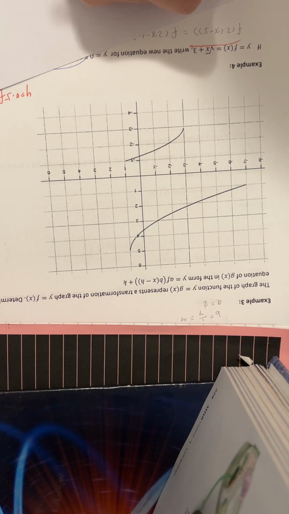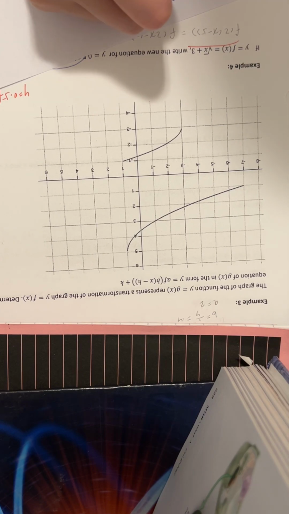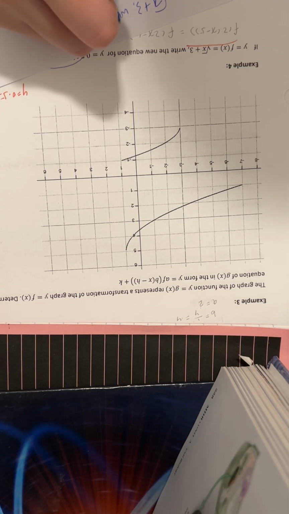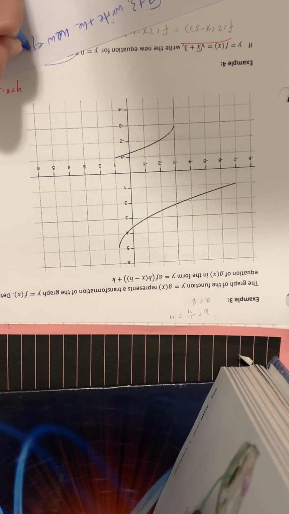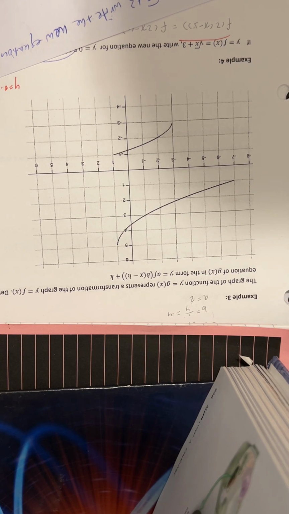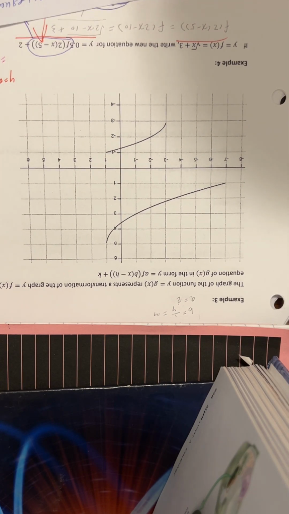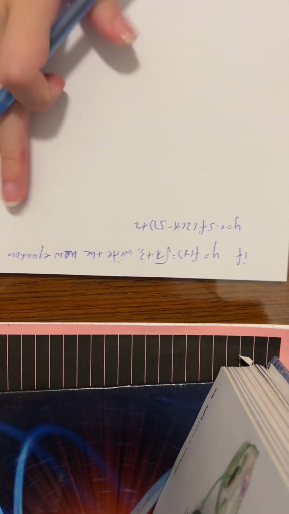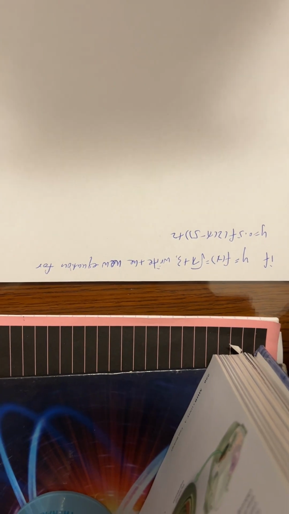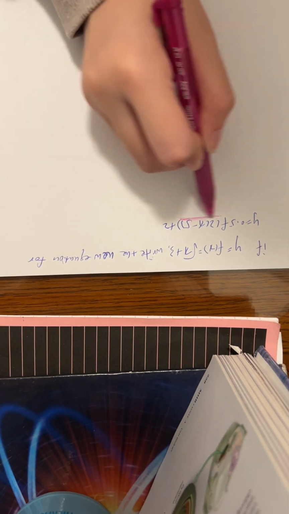Okay, the question: if y equals f of x equals root x plus 3, write the new equation for y equals 0.5 f of 2x minus 5 plus 2. Here we go. First up, we expand the brackets.